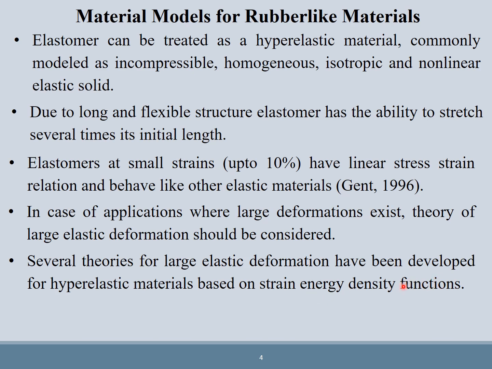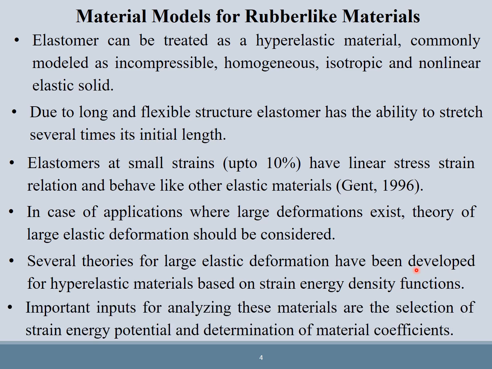That is the strain energy density function. For all rubber-like materials, the deformation behavior is defined by strain energy density functions. Now, important inputs for analyzing these materials are the selection of the strain energy potential and the determination of material coefficients. These are the two main challenges.